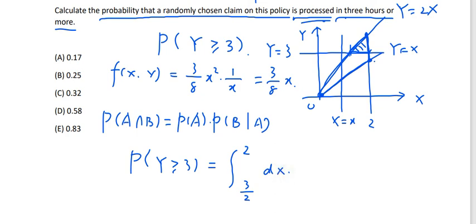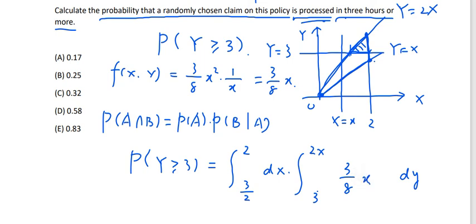And y goes from 3 to 2x, dy. The joint density function is 3 over 8x.